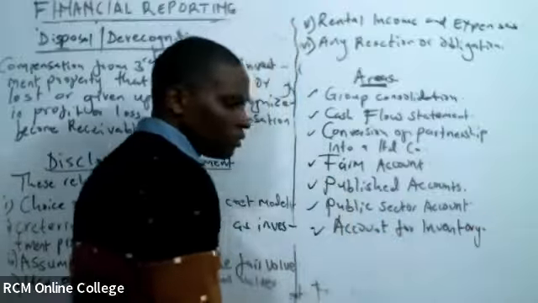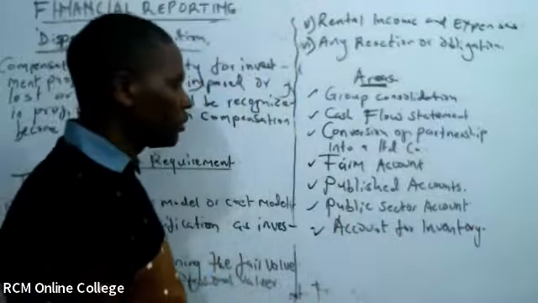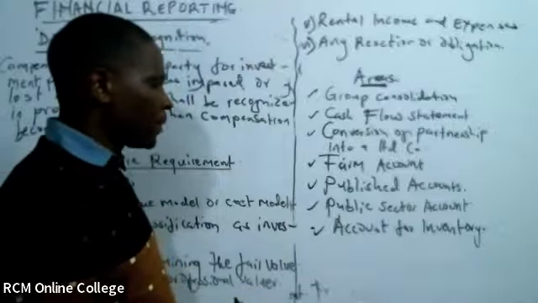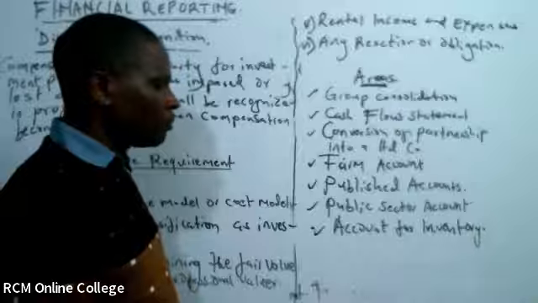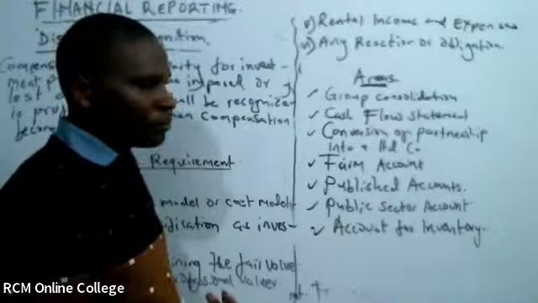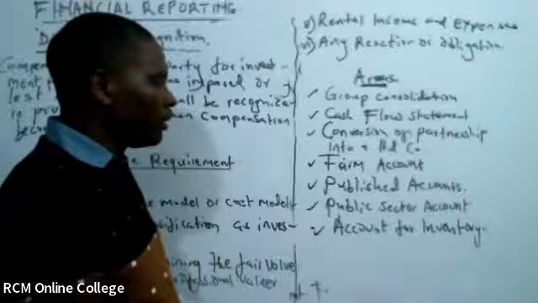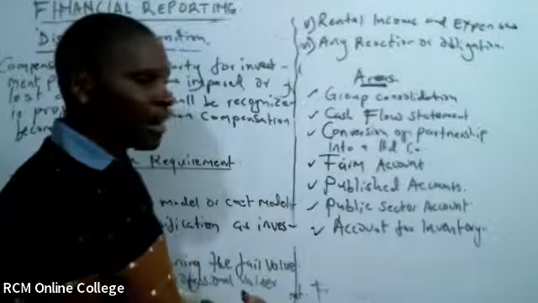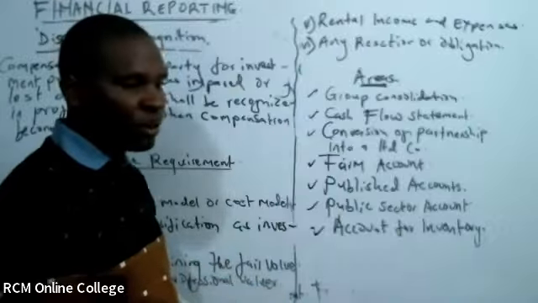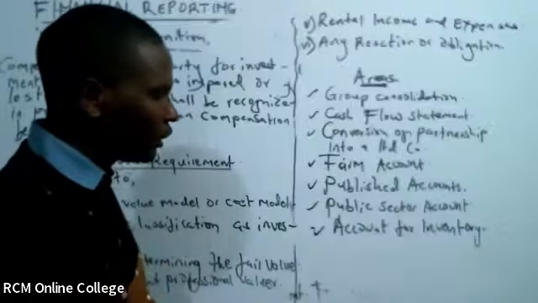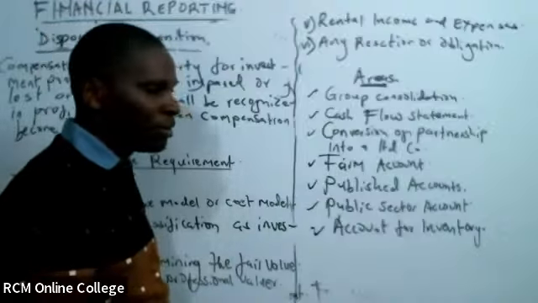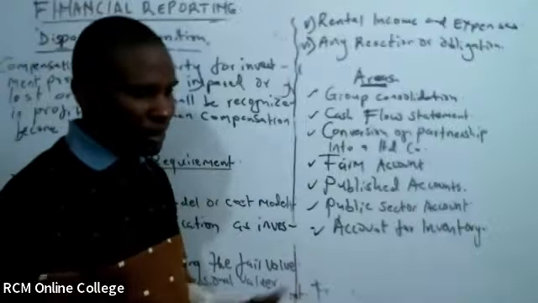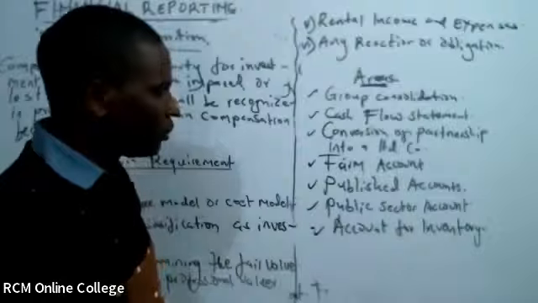It's just a simple concept. When you've been given inventory at cost and at net realizable value, which value do we record? So we shall be looking at it.